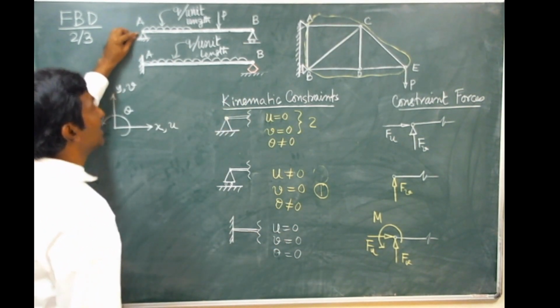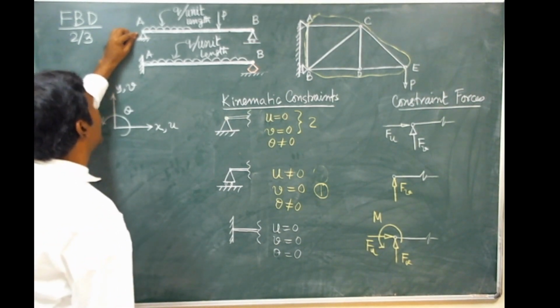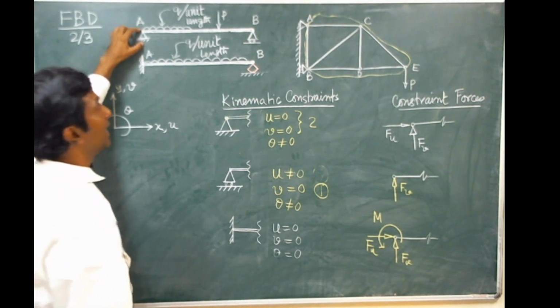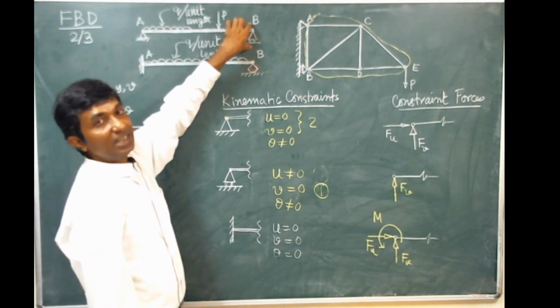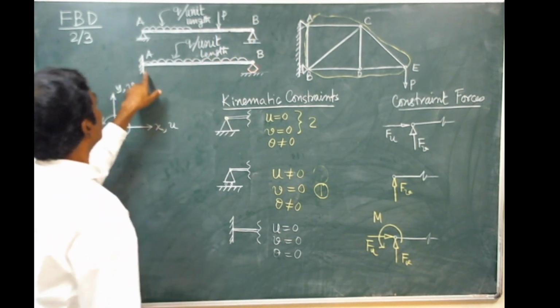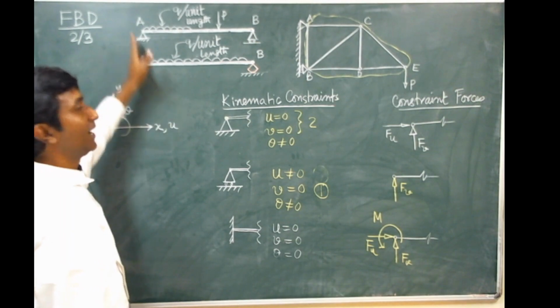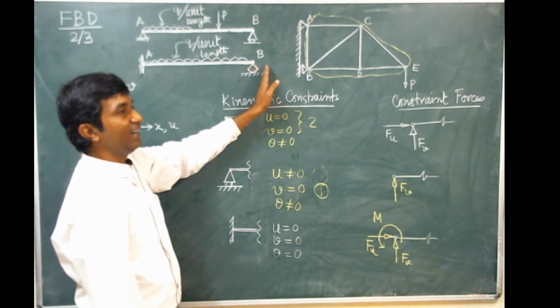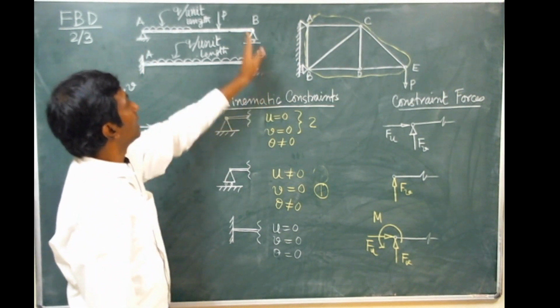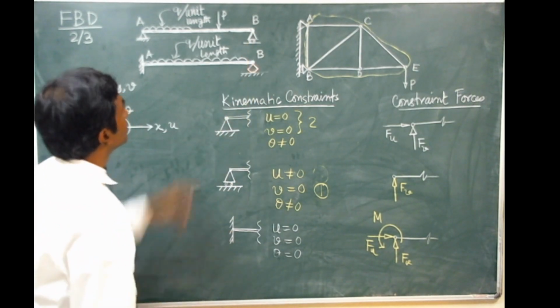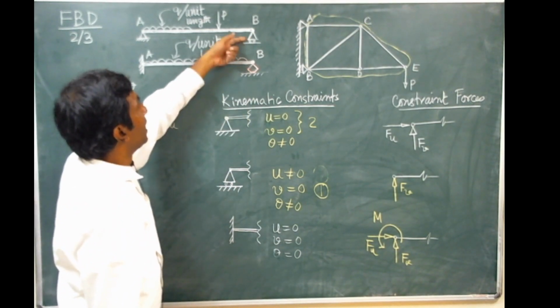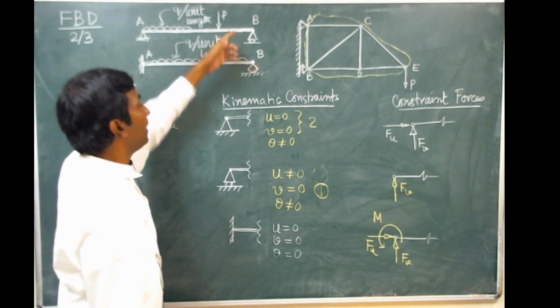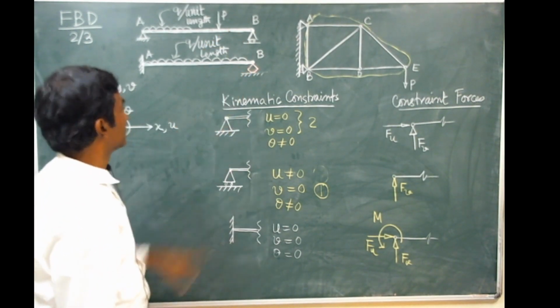In the first case, the beam is simply supported, that means one end is pinned or hinged, and the other end has a roller support. In the second, we have the left end clamped and the right end propped, with a roller or rocker support here. So they convey the same message about the kinematic constraints.